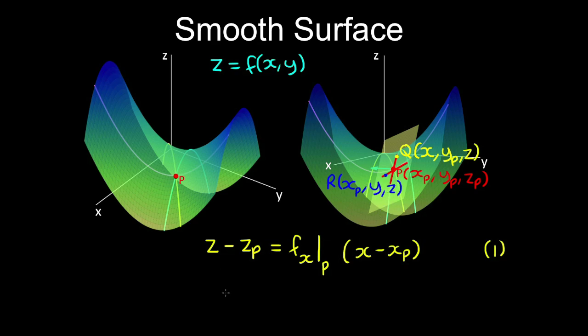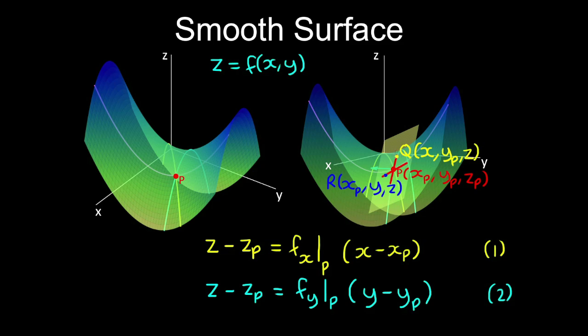So our second tangent line has an equation z minus zp is equal to the partial of f with respect to y evaluated at P. So noting the plane of this curve is parallel to the yz plane, so the tangent line is also parallel to the yz plane. And that's multiplied by y minus yp. So that's our second tangent line.